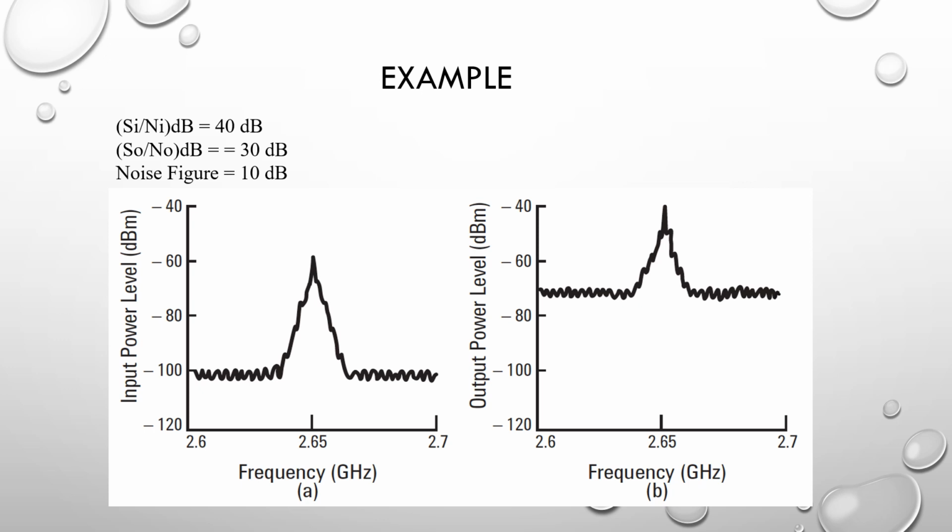So here the SNR at the input side is 40 dB, that is 60 minus 100, and the SNR at the output side is 30 dB, that is 40 minus 70 gives me 30. So what is the noise figure? Input by output SNR, so 40 minus 30, the noise figure is 10 decibels.